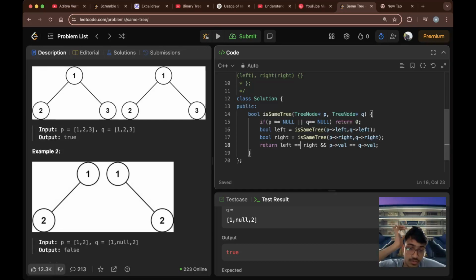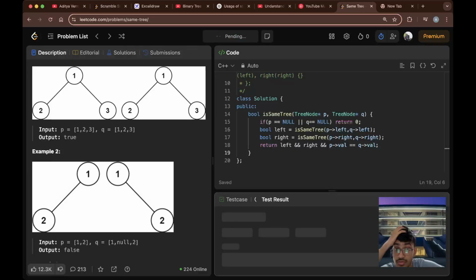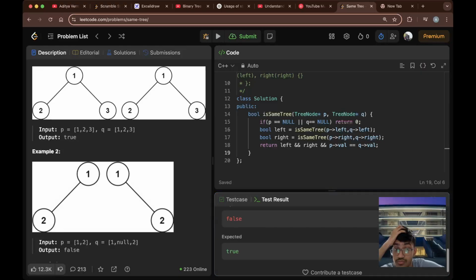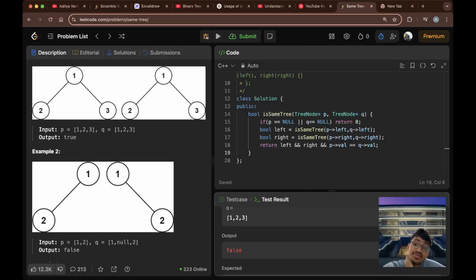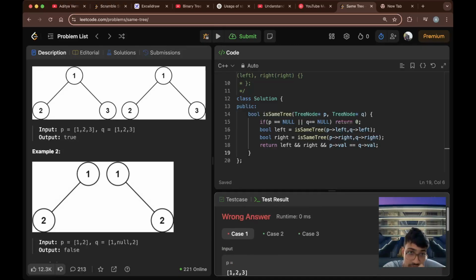I think true, left true. Hmm. What the heck? Left should be true, right should be true. Yes.